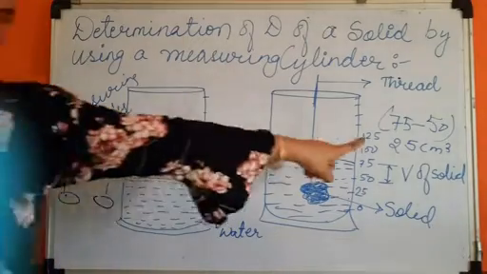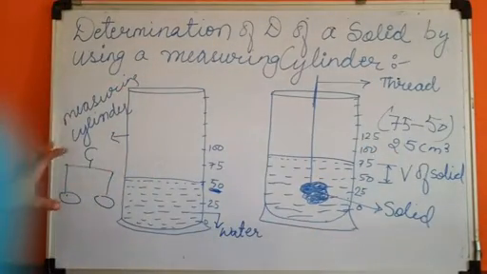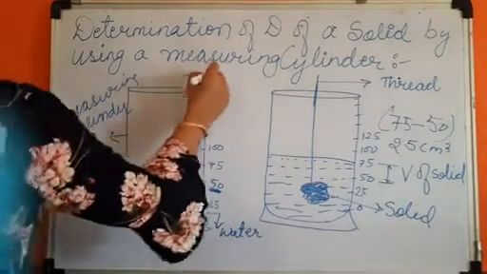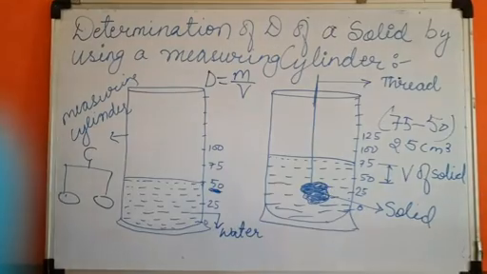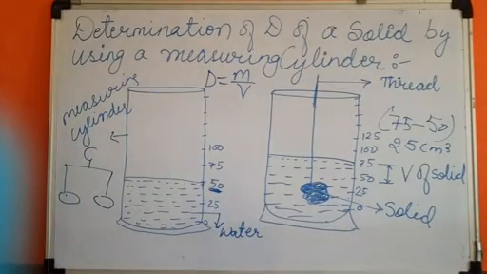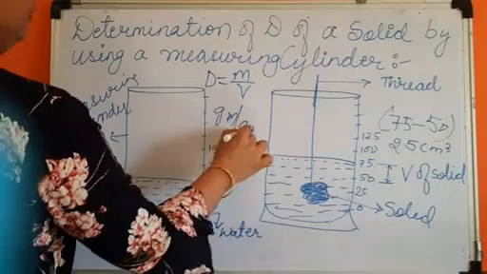Now we know the volume of the solid. Put the value of mass and the value of volume in the formula D is equal to M upon V. After calculation, we can get the value of the density. Unit will be gram per centimeter cube.